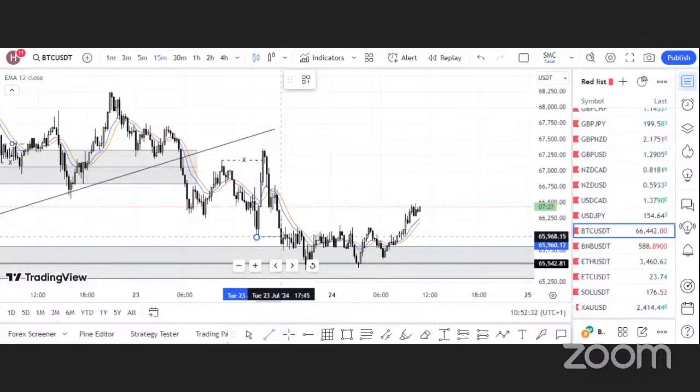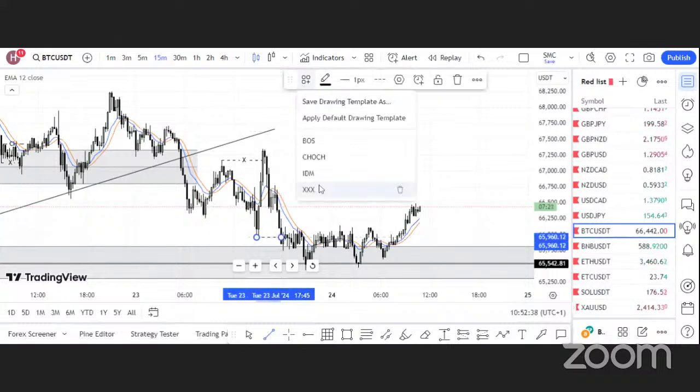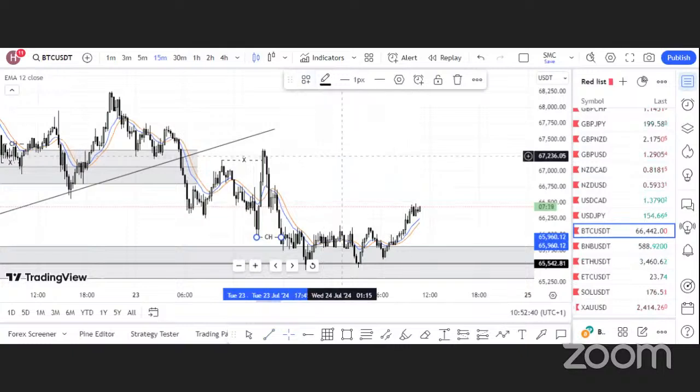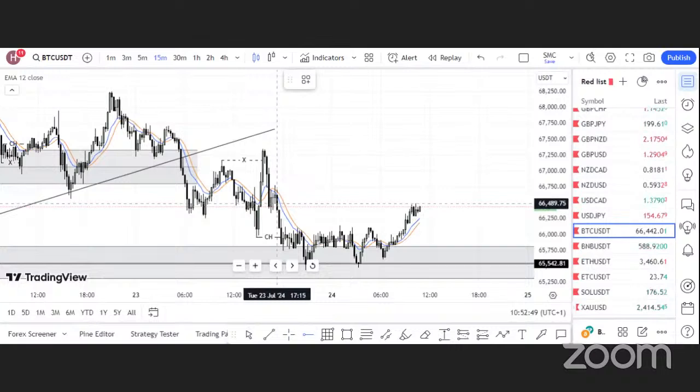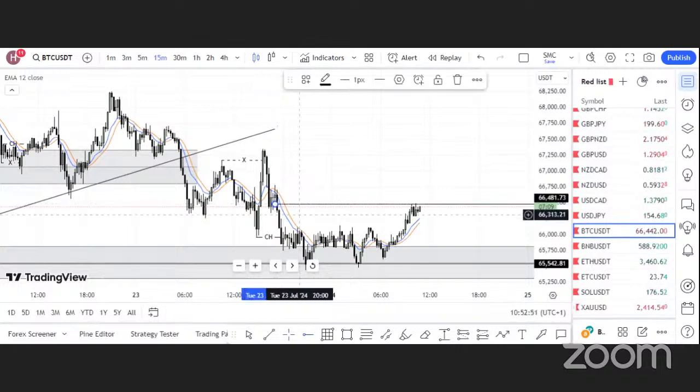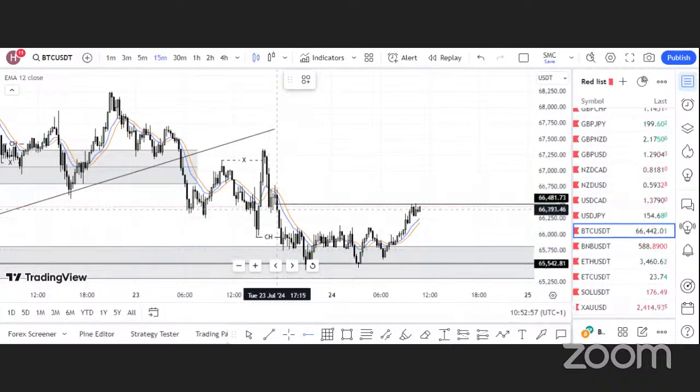And then we also have a shift in the market structure, which is our change of character. So after that, the market left a small fair value gap here.